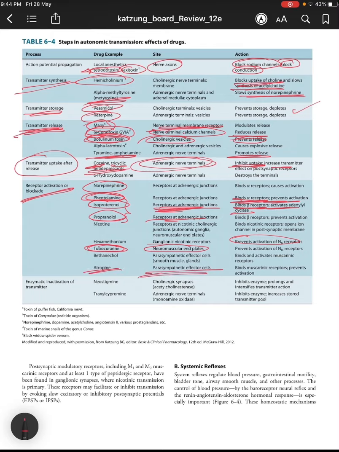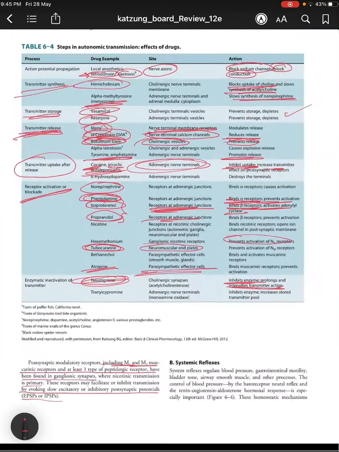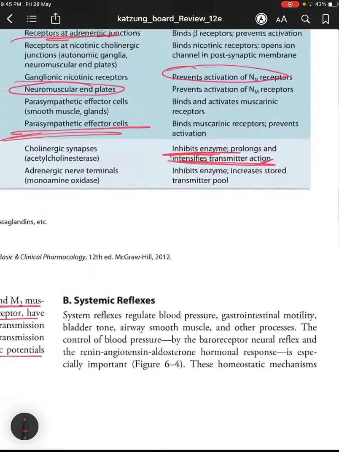And then atropine acts on parasympathetic effector cells, and then neostigmine prolongs and intensifies the transmitter action and inhibits the enzyme. Anyways, postsynaptic modulatory receptors including M1 and M2 muscarinic receptors and at least one type of peptidergic receptors have been found in ganglionic synapses, where nicotinic transmission is primary. These receptors may facilitate or inhibit transmission by evoking slow excitatory or inhibitory postsynaptic potentials, EPSPs or IPSPs.